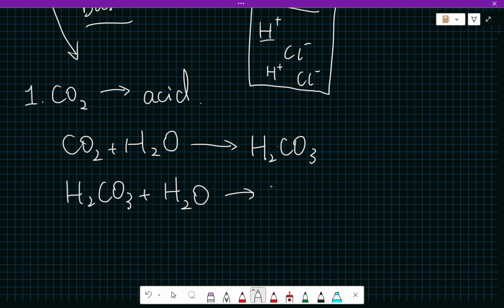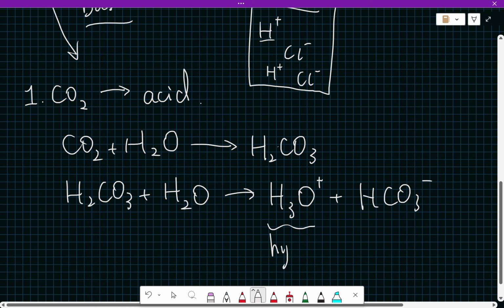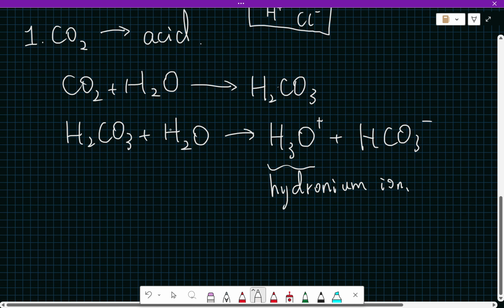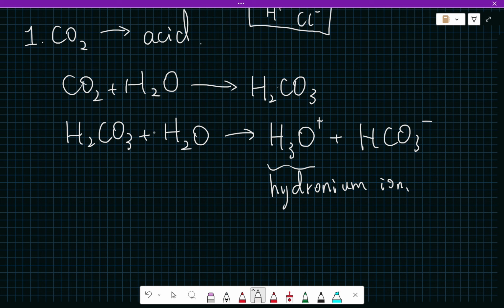We would actually have hydrogen carbonate ion and this, which we call a hydronium ion. And based on the modified Arrhenius theory, after a molecule undergoes a reaction with water, if the result products include a hydronium ion, it will be considered an acid.